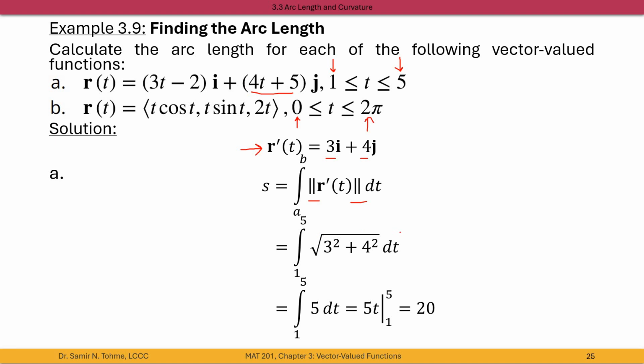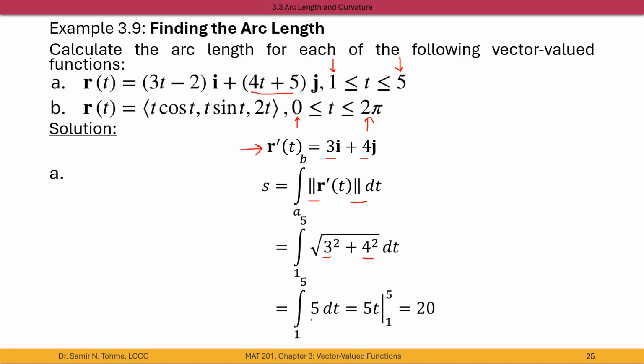The magnitude is equal to the square root of the square of the x component plus the square of the y component of the derivative. Now let's evaluate this one. 3 to the power of 2 is 9, and 4 to the power of 2 is 16. 16 plus 9 is 25.